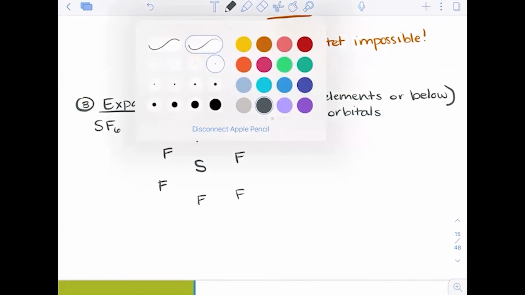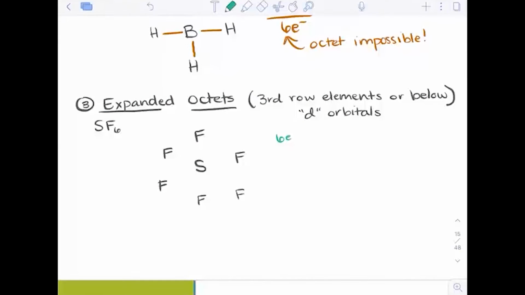But what we see here, when we count up the valence electrons, is that we get a ridiculous amount of valence electrons. And so technically, the total number of valence electrons here is 48. We'll see quite a lot of dots.